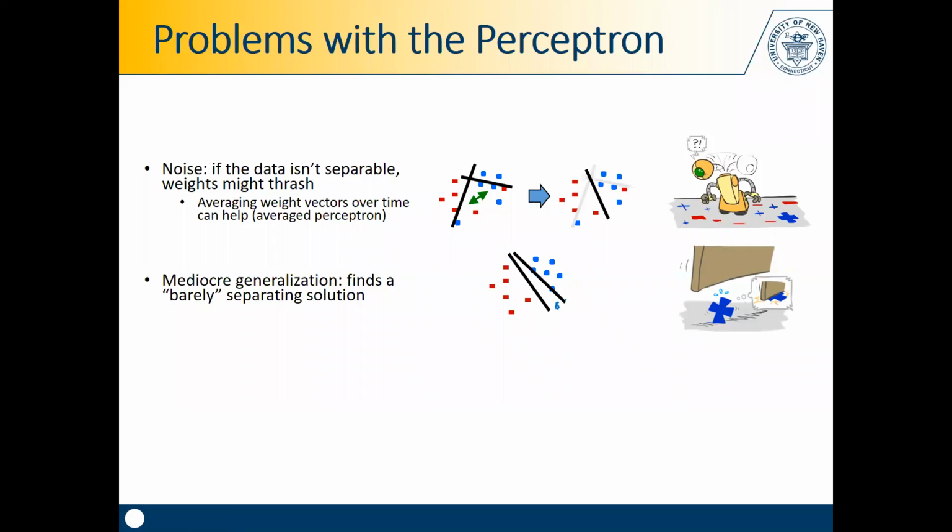Then this is outside the decision boundary of the blue class, and it may be misclassified as red, right? The fact that there's very little room for variation on this side, and again, very little room for variation on this side as well with regards to these decision boundaries, means that there isn't much room for generalization.